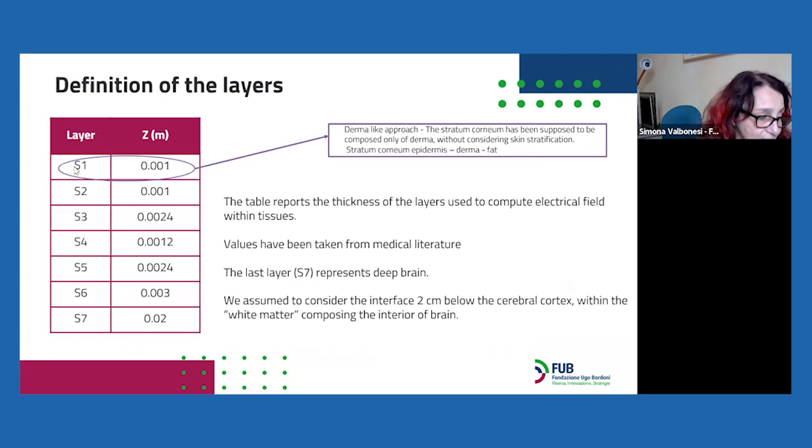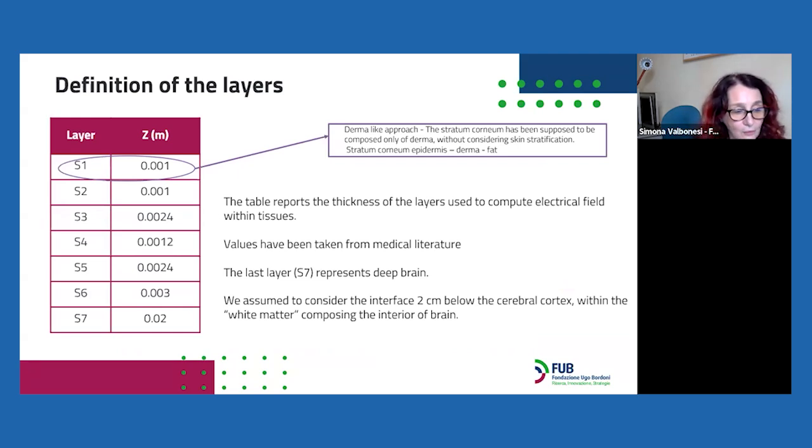Here we got the definition of the layers. Here are described the layers. I start from the last one because there is something to say about the first one. The table on the left reports the thickness of the layers used to compute electrical field inside tissue.